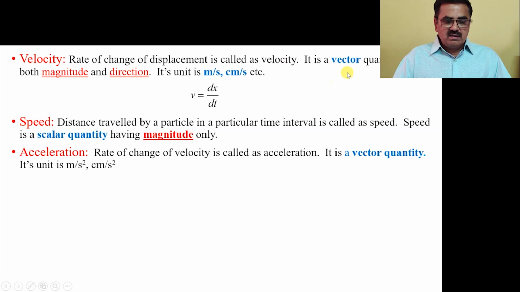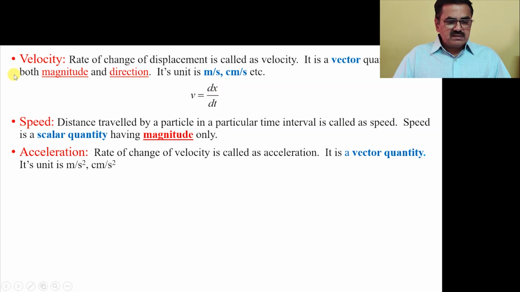So to define velocity completely, we have to mention its magnitude and direction. Its unit is meter per second in the SI system. Mathematically it can be expressed like this: V is equal to dx by dt, where dx is the change in displacement and dt is the time interval in which this change is taking place.